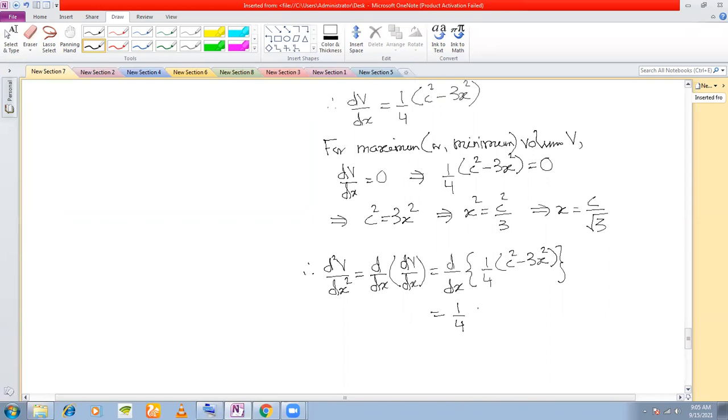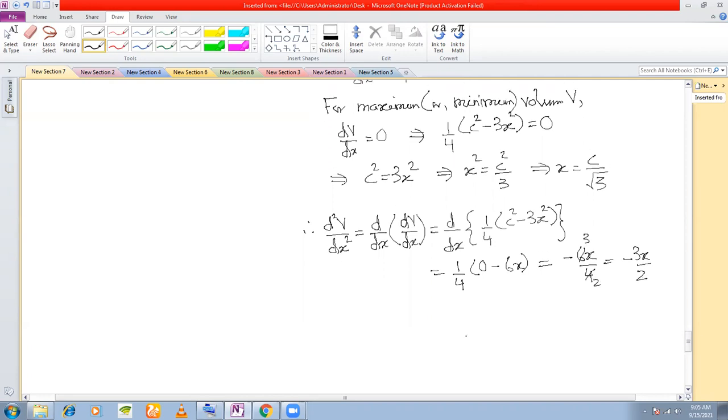Differentiation of c square is 0 because c is a constant. Minus, and differentiation of 3x square is 6x, right? So you get minus 6x by 4, which is equal to, cancelling here, minus 3x by 2. Now what is the sign?